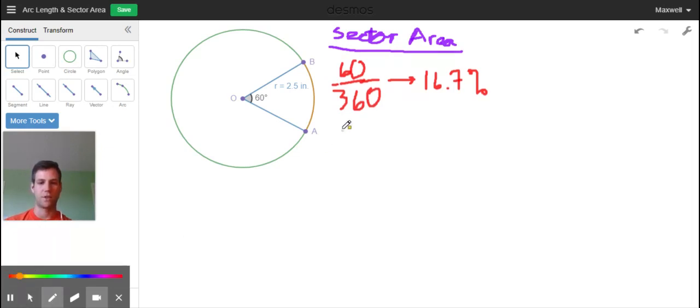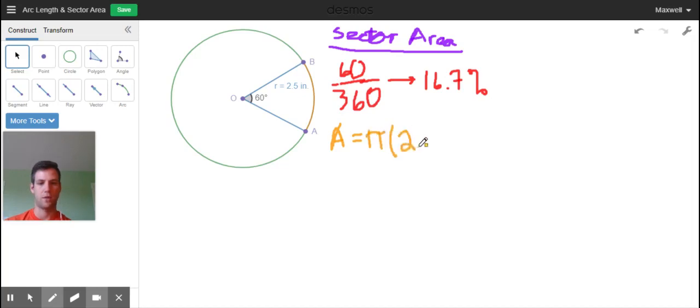So I would have to do my area formula, which is pi r squared. So I would do pi multiplied by 2.5 squared. That gives me an answer for area of 19.6.